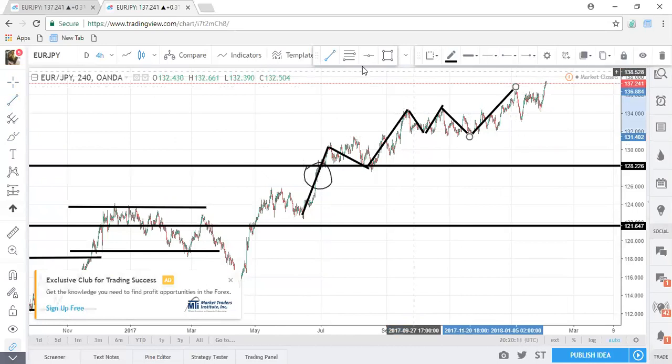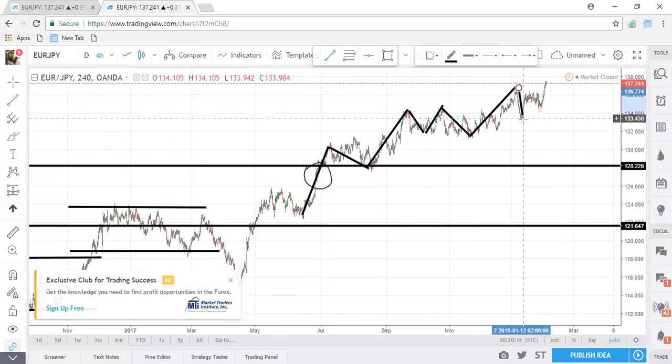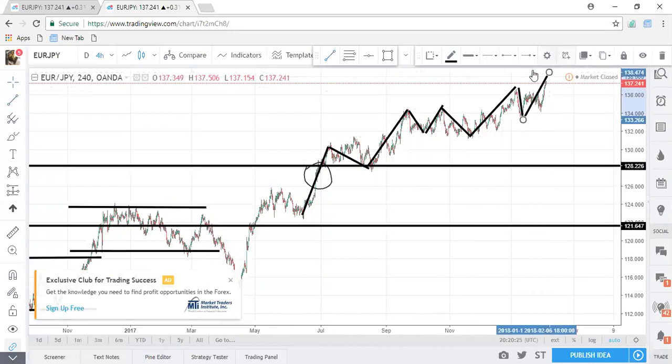This is how I determine my trend. If I see higher lows and higher highs being formed, this is exactly how I determine my trend. Most likely at this level of price, it'll pull back and then just continue on in the uptrend.